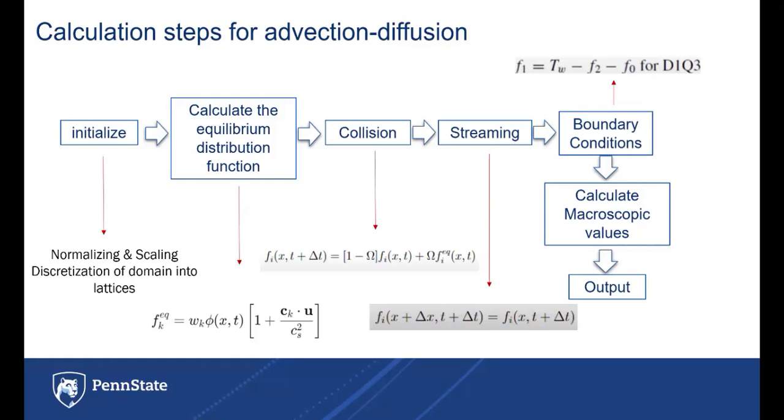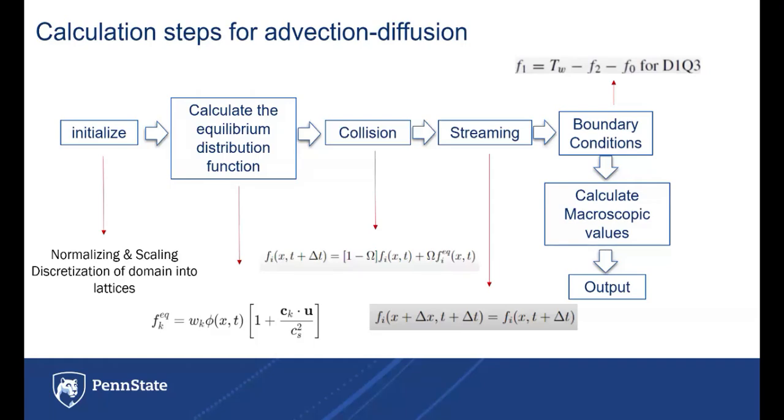Here are the calculation steps for this problem, which are also the hand calculation steps we go through in the following slides. Firstly, we need to initialize this problem. We need to normalize and scale the parameters involved, and discretize the domain into a lattice.